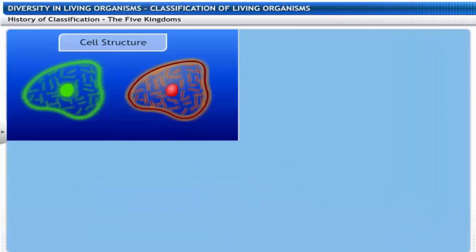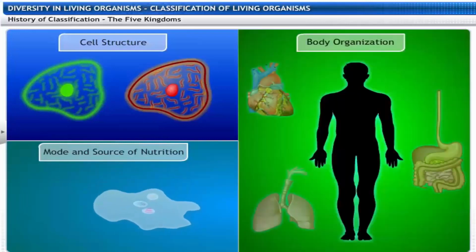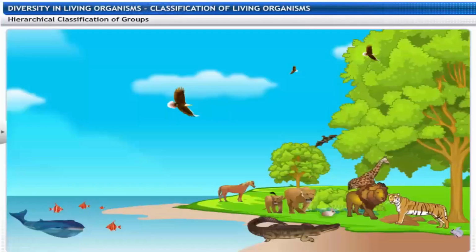These kingdoms were formed on the basis of cell structure, mode, source of nutrition, and body organization. Organisms can also be classified on the basis of their hierarchy.